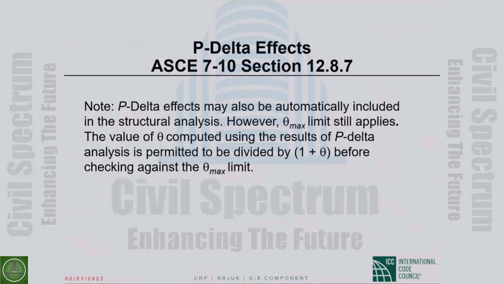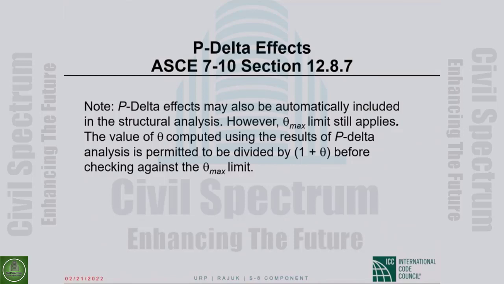Okay, the note that started at the bottom of the previous page, you can delete that because that note is repeated here. So P delta effects may also be automatically included in the structural analysis, as I have been saying.